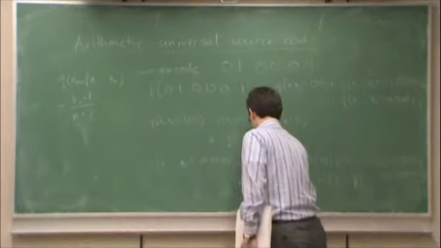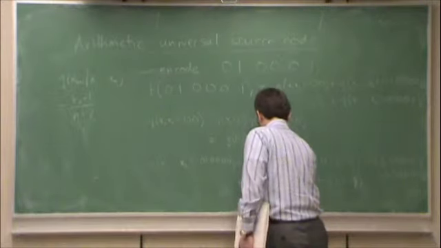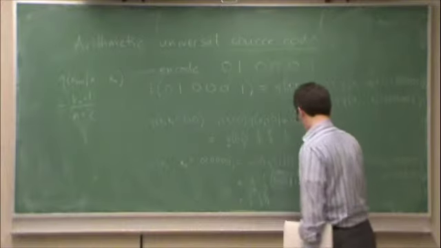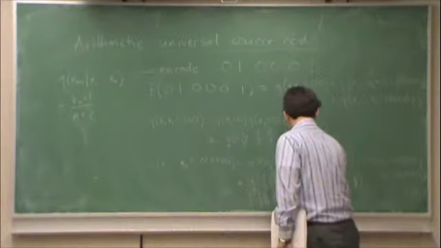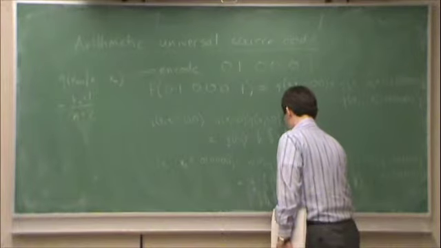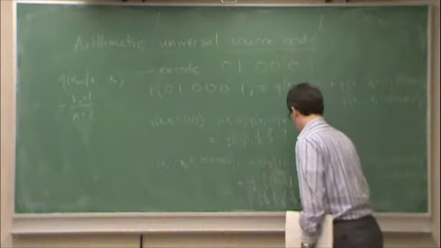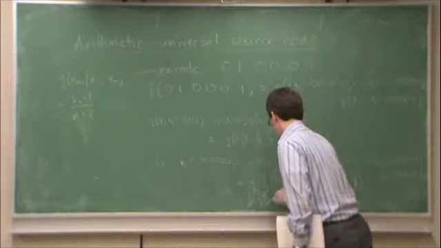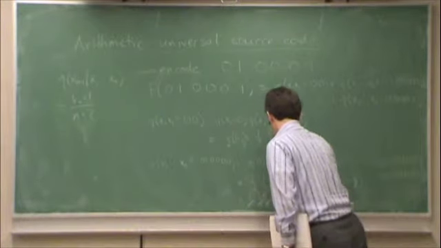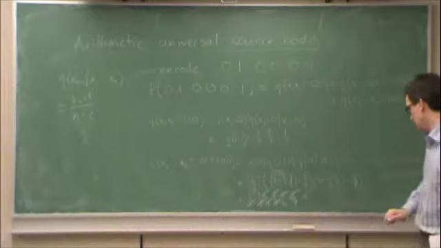Which is 1/2, 1/3, 2 over 4, 3 over 5, 4 over 6, 5 over 7. We can simplify that. 2 cancels here, 4 cancels here, 3 cancels here, 5 cancels here, and we get 1 over 42.